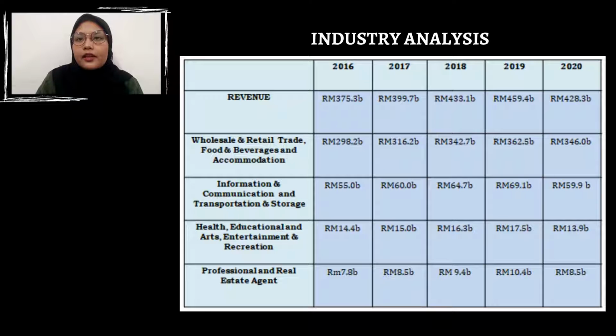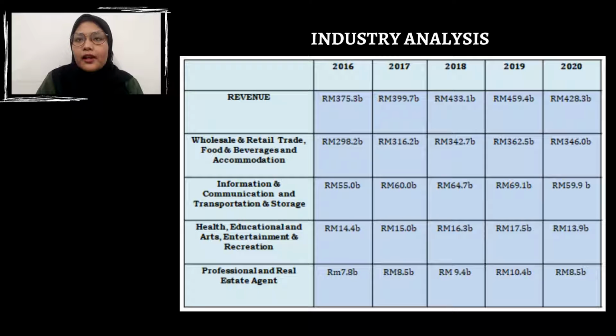For 2019, the total revenue of the service sector is 459.4 billion ringgit. It increased by 6.1% compared to the year 2018. The contribution to the revenue of the service sector from wholesale and retail trade, food and beverage and accommodation is 362.5 billion ringgit.